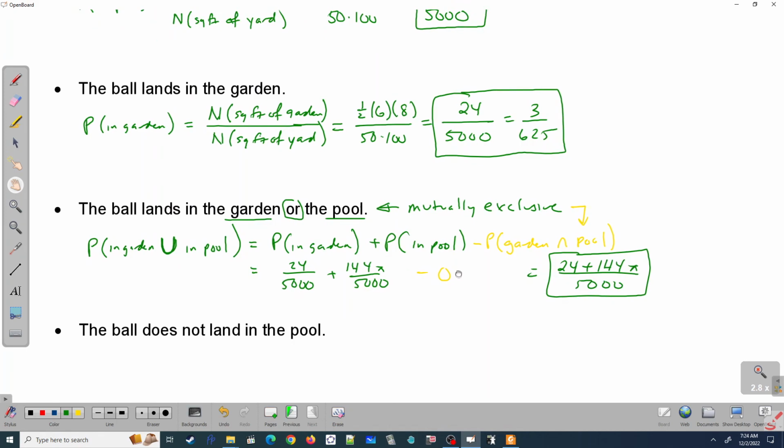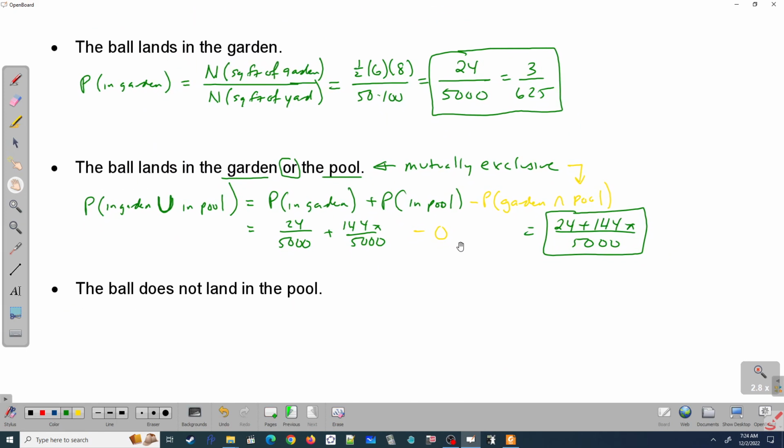And our last question says, what is the probability that the ball does not land in the pool? Well, the key here is the word not, so let's emphasize that. I'll just say the probability of not in pool is 1, which in this case might be 5,000 over 5,000, which basically represents all square feet of yard.